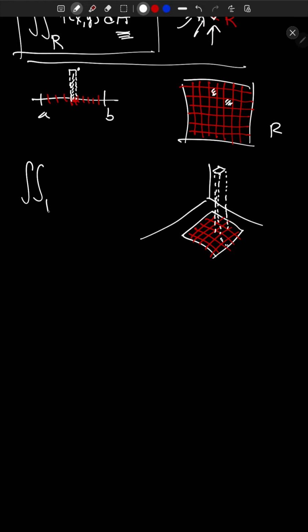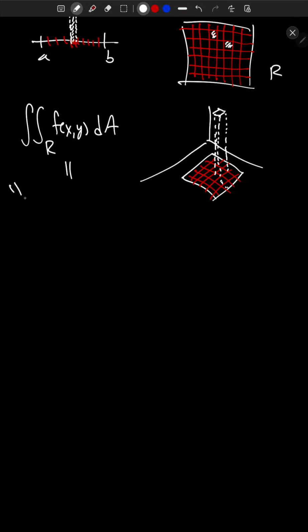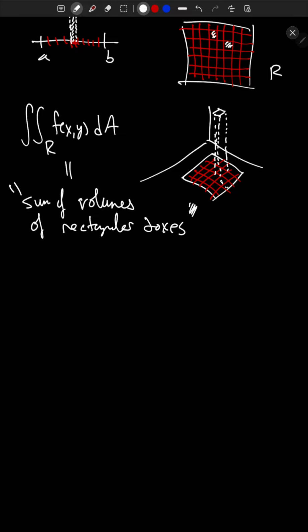So this guy here, again, I'm going to put in quotes, we said sum of area of rectangles. So this is going to be sum of volumes of rectangular boxes. And in huge quotes here, because this is definitely not careful math.